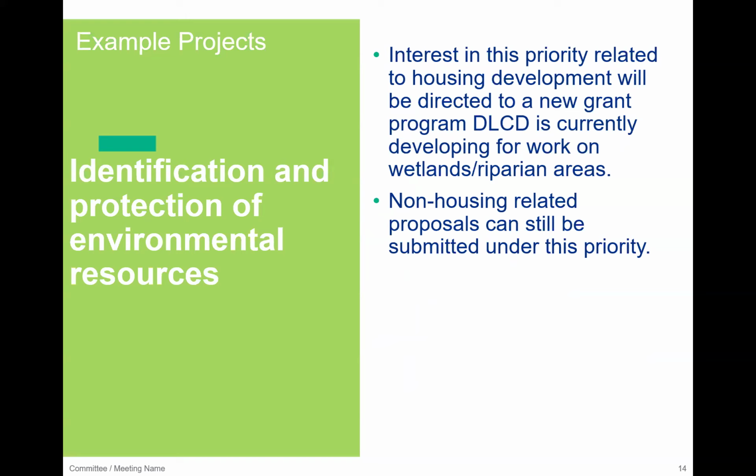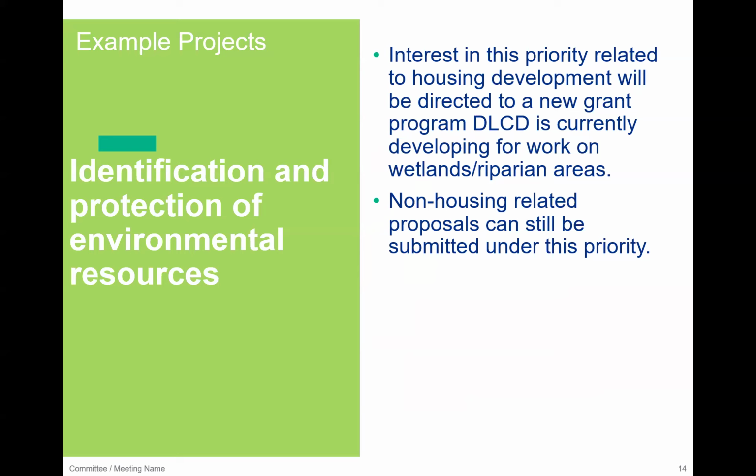Our last new category, identification and protection of environmental resources. And in this area, we really wrote before some last minute happenings at the legislature refocused things. We were thinking that, especially with wetlands and identification of wetlands, particularly but not exclusively within the Willamette Valley, local governments needed resources to do what are called local wetland inventories, to inventory and propose protection for wetlands so that development of housing, industrial development, any kind of development would know where to avoid wetlands.